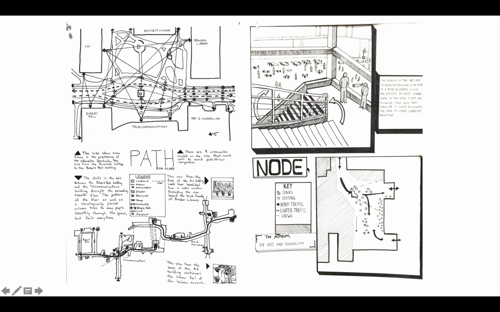This is an interesting description of a node, describing the staircase in our journalism building as being a node because it comes from a change in condition from a narrow corridor all the way into the openness, or open feeling, of the AJ dining area, and how all that natural light comes together. So it's an interesting spatial experience, and so the student decided to express that in this visual notes and diagramming set.